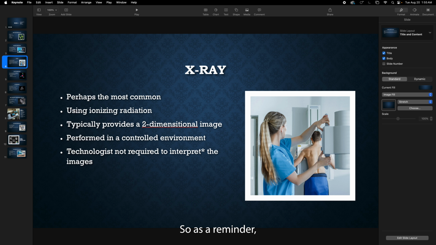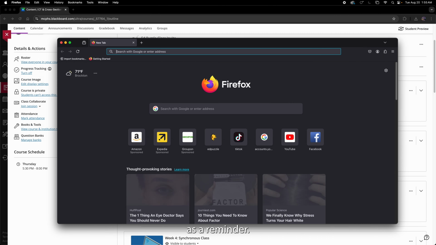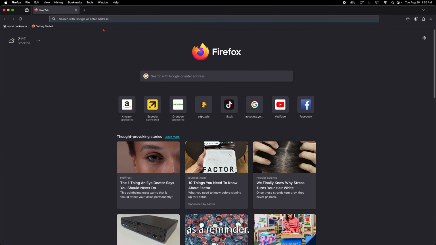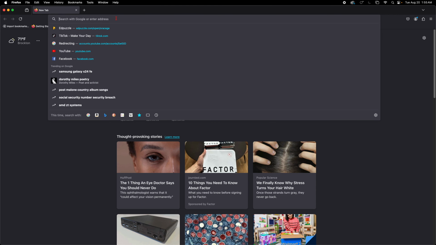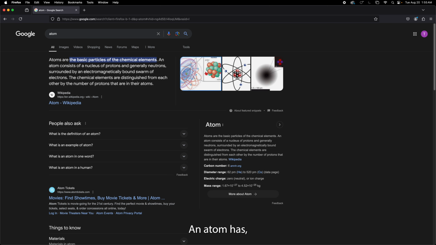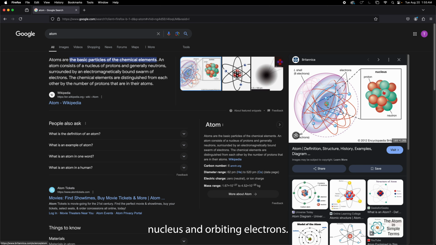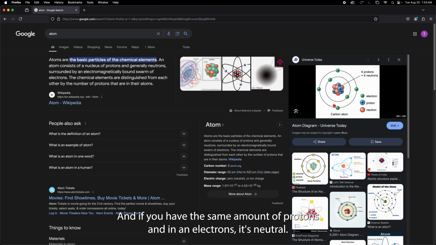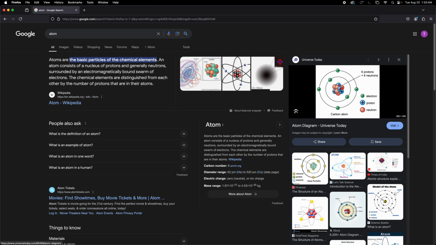So as a reminder, we put up an image here. An atom has a nucleus and orbiting electrons. And if you have the same amount of protons and electrons, it's neutral.